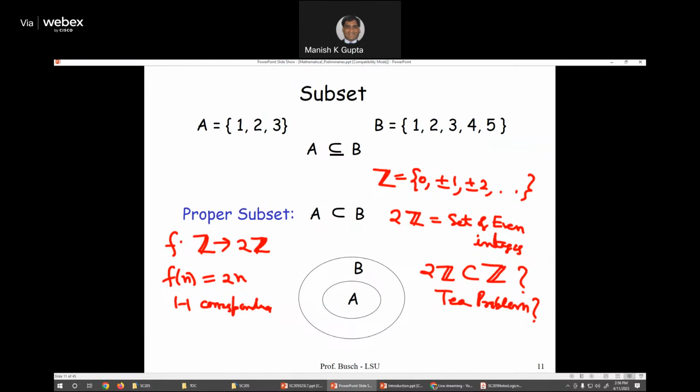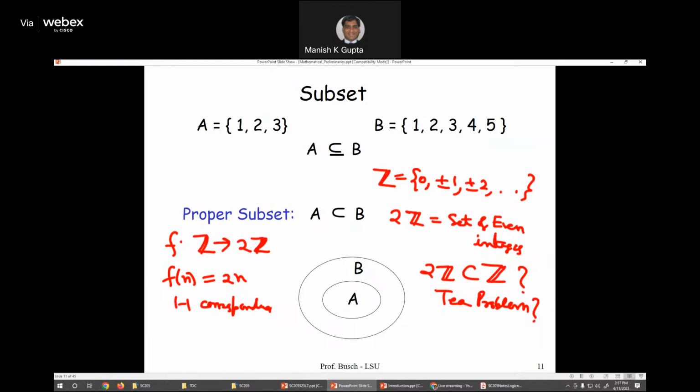So that means the cardinality of A is less than the cardinality of B, the number of elements in A is less than the number of elements in B. Now, if you look at the set of integers, how many elements are there? Infinite. And the set of even integers, how many elements are there? Infinite. But the even set is a proper subset of integers. How? Beautiful question, right?